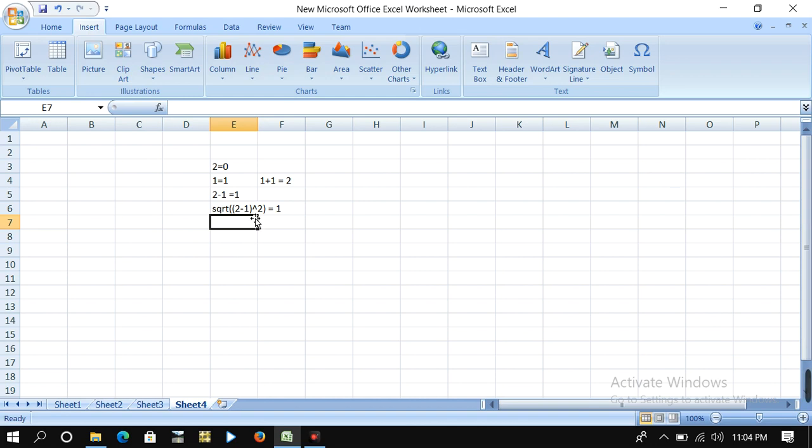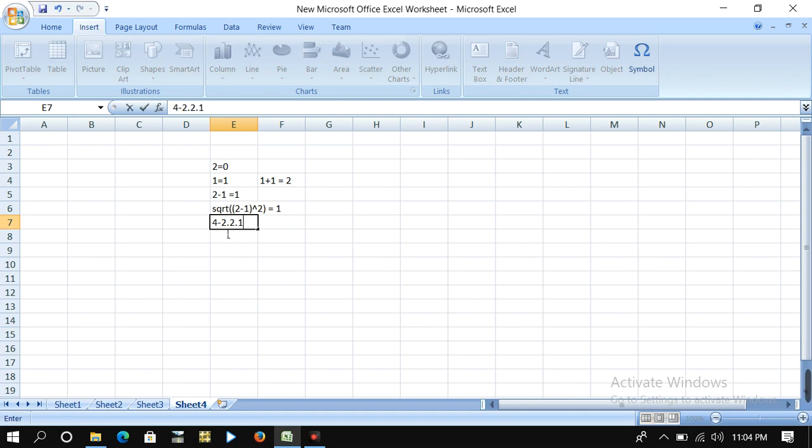So when I factorize it, it will be 2 squared minus 2 times 2 times 1 plus 1 squared, which is equal to 1.